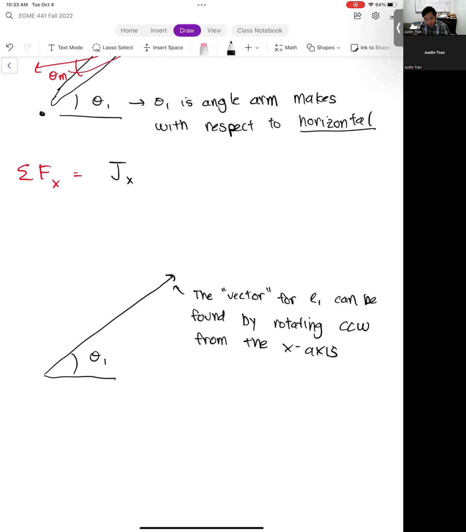The FM, on the other hand, is pointed the other direction.